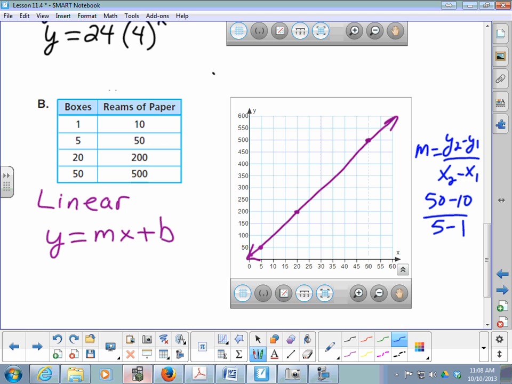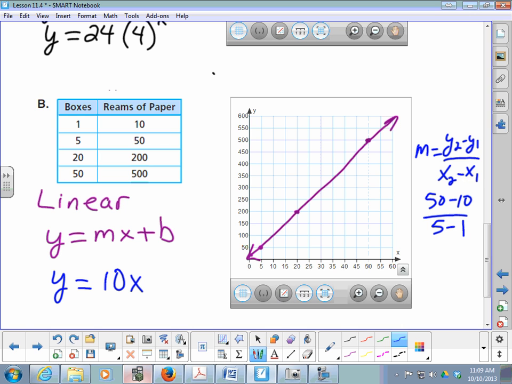Now, let's think about this. You guys are all very smart. If I have 0 boxes, how many reams of paper am I going to have? 0. So what's the y-intercept in this case? 0. So this would just be y equals 10x.